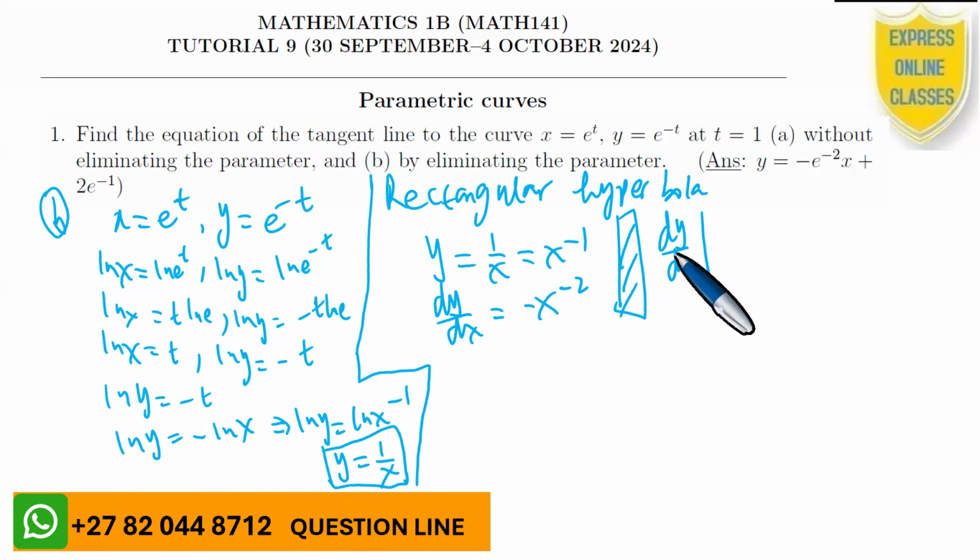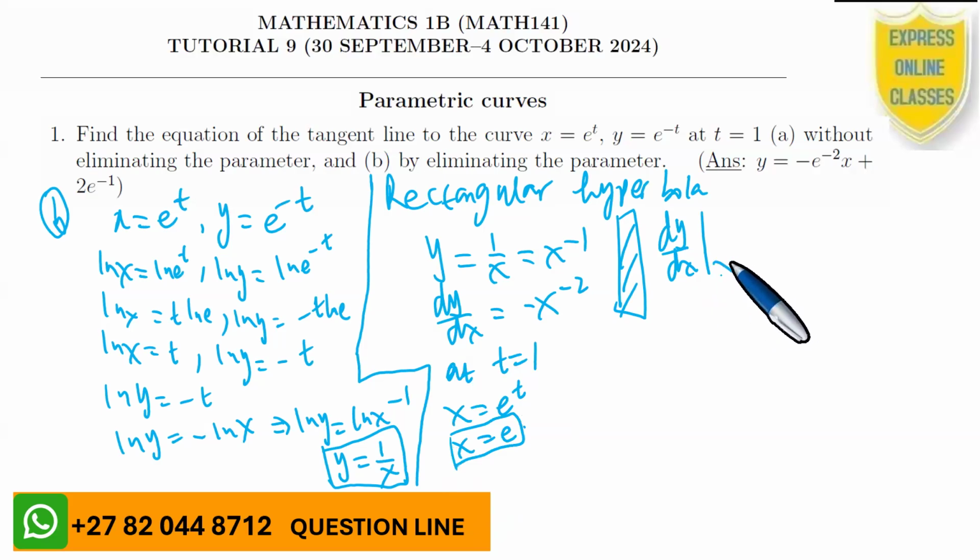dy dx would be, at t equals something, what would x be? Like at t equals 1, x is e to the power t, which means that x is e. Okay, so this means that at t equals 1, x is e.